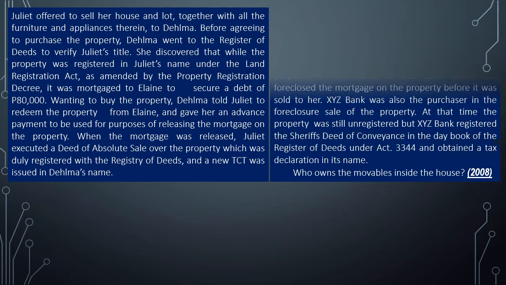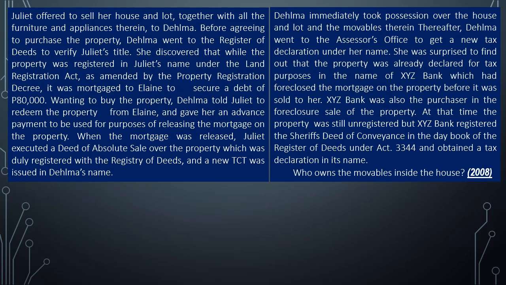2008 bar exam question, diretso tingin sa tanong, who owns the movables inside the house? So Juliet here offered to sell her house and lot together with all the furniture and appliances to Delma. Before agreeing to purchase the property, si Delma gustong maniguro, so she went to the register of deeds to verify the title of Juliet.